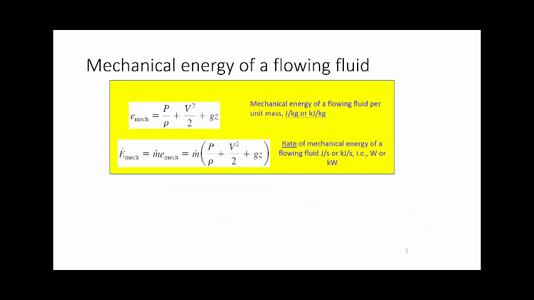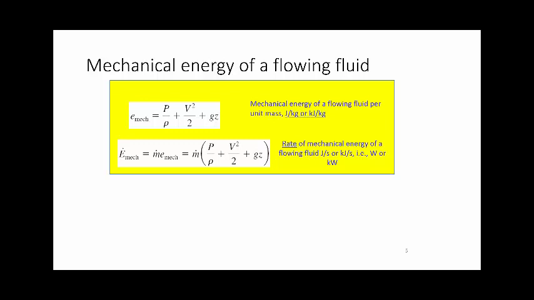So mechanical energy of a fluid is very important because one of the things we do is if we have a pump or we have a turbine, we need to determine if we need a pump, how big a pump we need, how much energy that pump should provide. And then if we have a turbine, we need to calculate how much energy you can get from the water. For today, I'm going to assume that the pumps and turbines are 100% efficient.